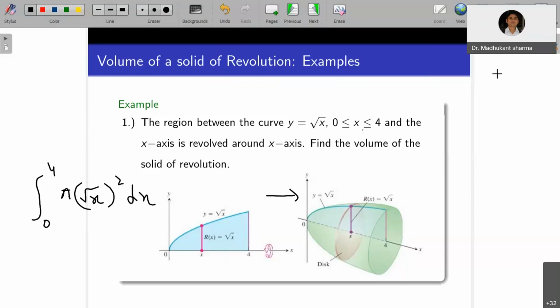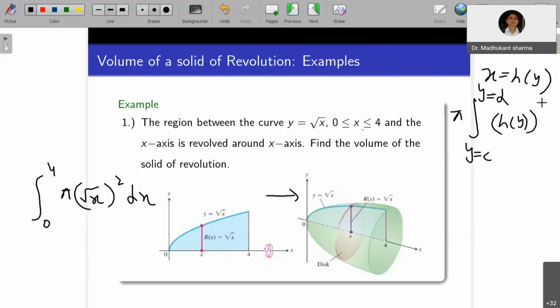You have the formula when you have x equals h of y, so try to identify this x equals h of y, and you have the limits y equals c to y equals d. Same formula, pi times h of y whole square. Now the formulas are simple. You just change x to y, that's it, and the limits are also c to d in y.